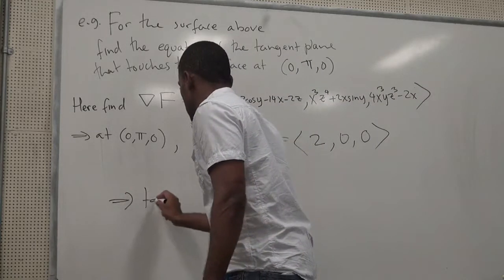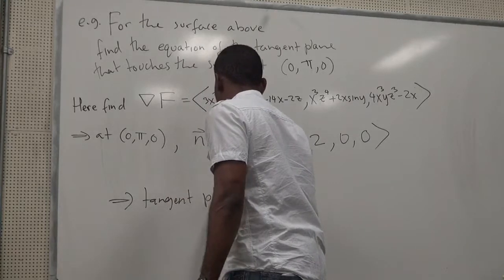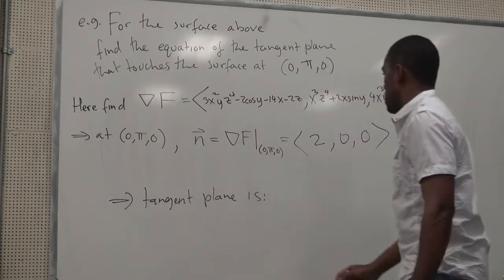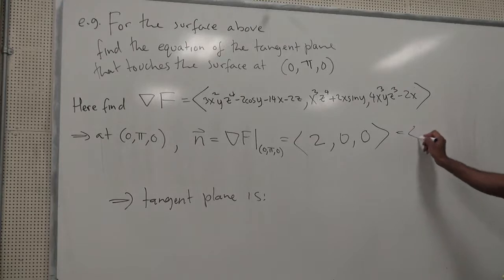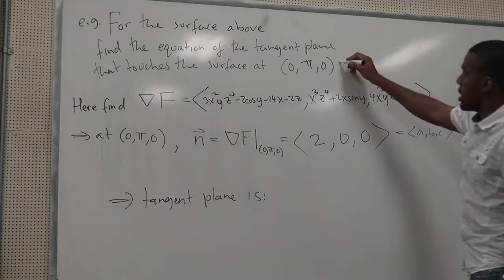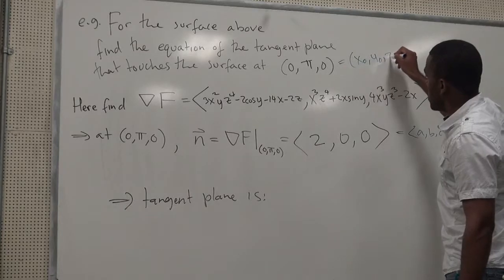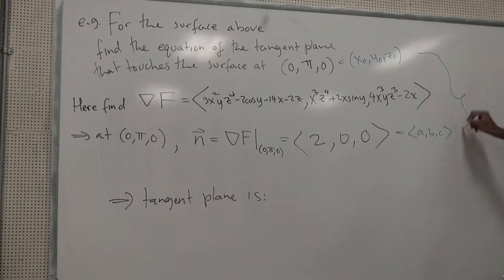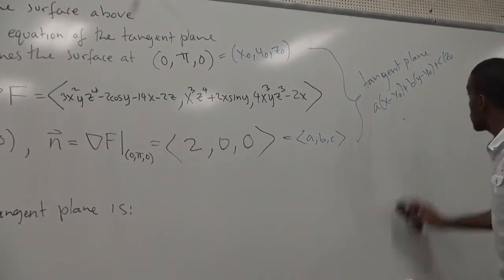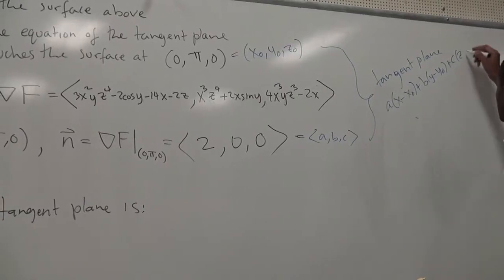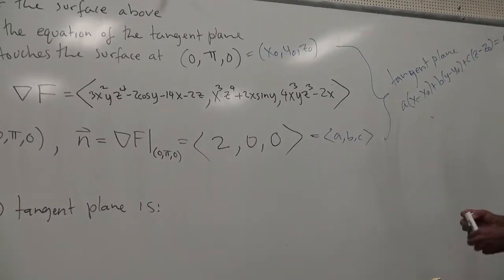This means the tangent plane is, now remember, just to remind you, this guy is A, B, C. This guy here is x naught, y naught, z naught, and the tangent plane has the form A times (x minus x naught) plus B times (y minus y naught) plus C times (z minus z naught) equals 0.